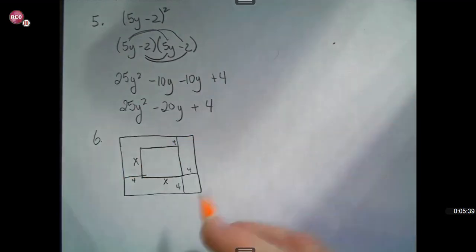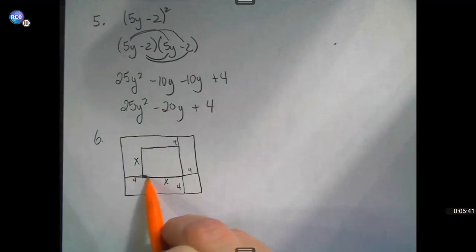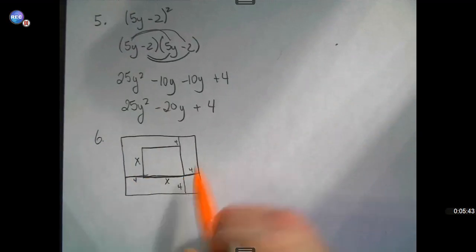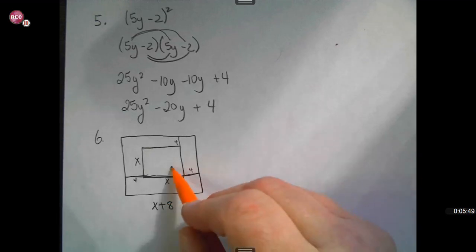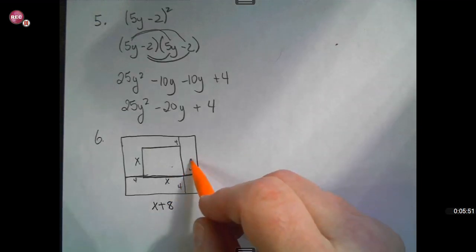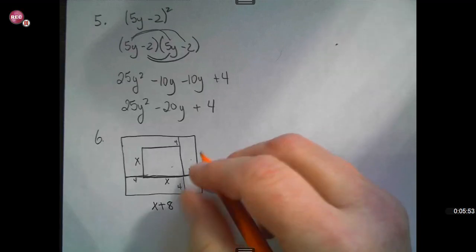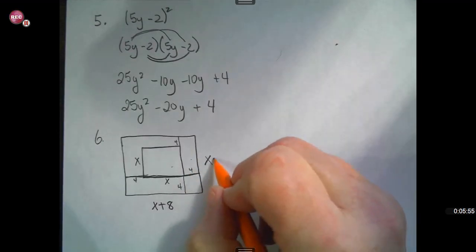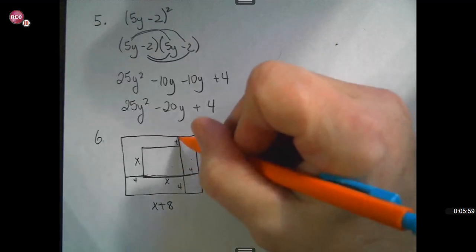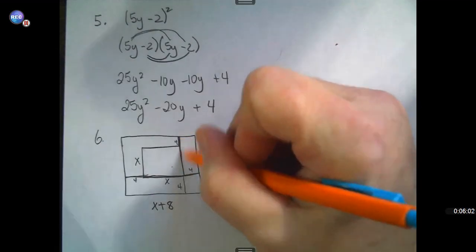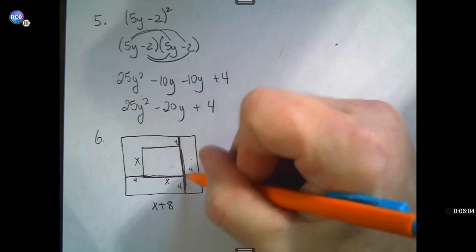So my new dimensions, this is 4 plus x plus 4, or x plus 8. And if it's a square picture and I put a square frame around it, it's going to be a square still. So this could also be x plus 8 by that argument.